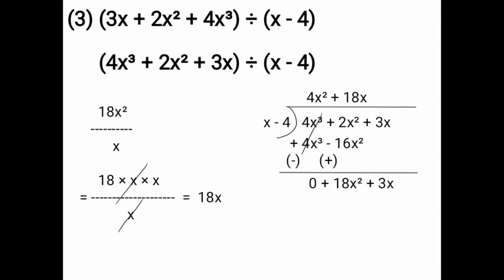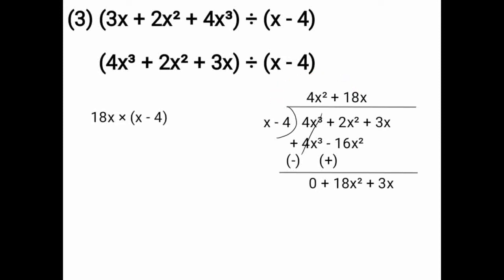Now you have to multiply 18x into x minus 4 by using the formula of a into b plus c. Multiply 18x into x, how much? 18x square minus 18x into 4 is 72x. 18 4s are 72. So 18x square minus 72x, write it here.